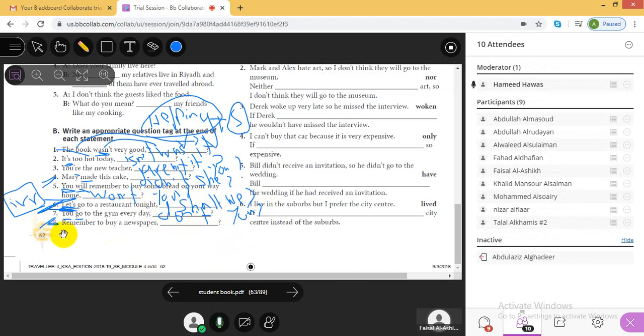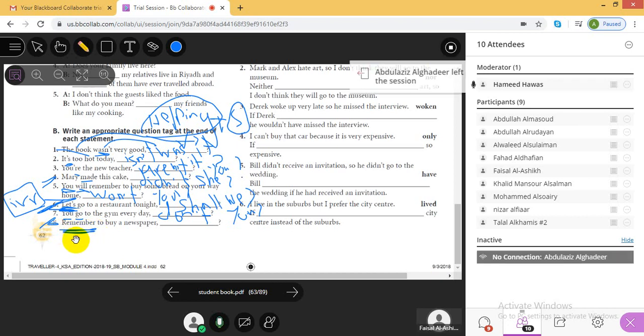If we have imperative, what I mean by imperative, order. Someone asks you to do something, remember, open, close, like that, okay? If you have imperative at the beginning of the sentence, like when someone says, remember to buy newspapers, who can make it a question tag, like that?